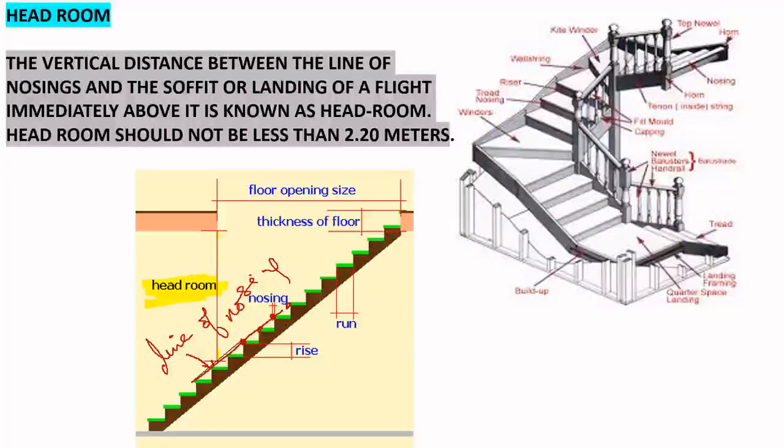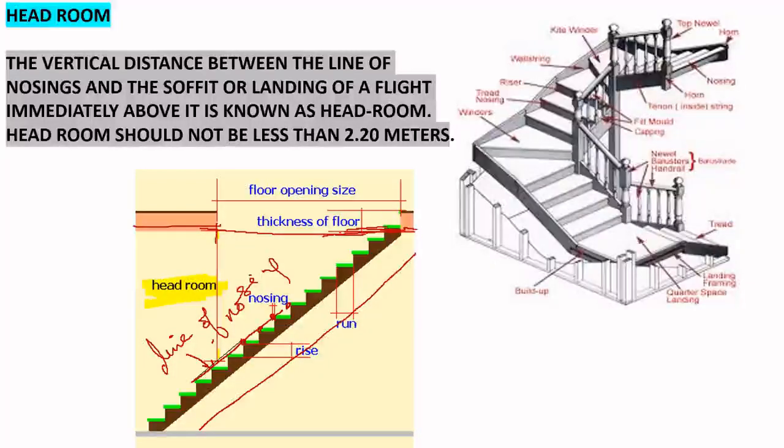So the vertical distance between the line of nosings and the soffit or landing of a flight. See, this is the landing, and this is one flight. The landing of this flight is here. So the vertical distance between the line of nosings and the soffit of the landing, or landing of a flight immediately above, is known as headroom.